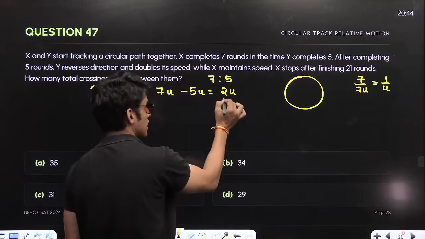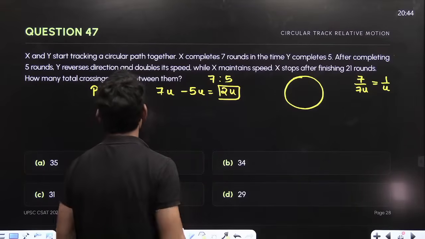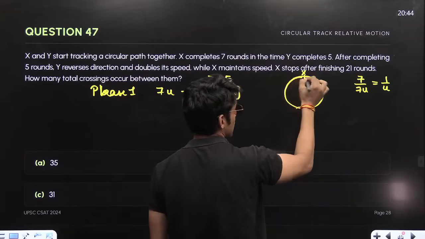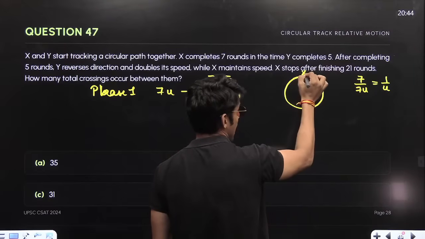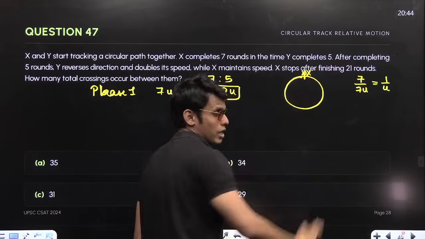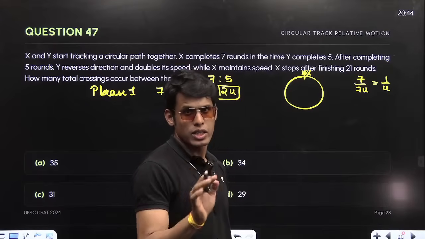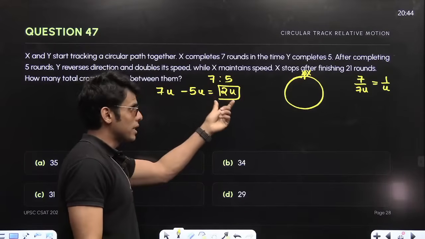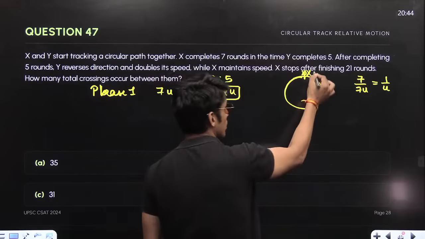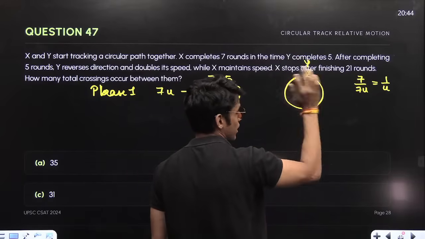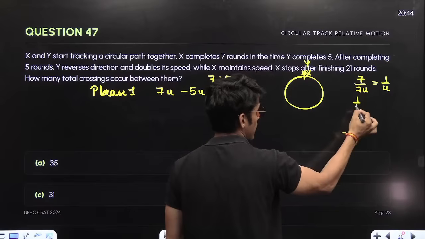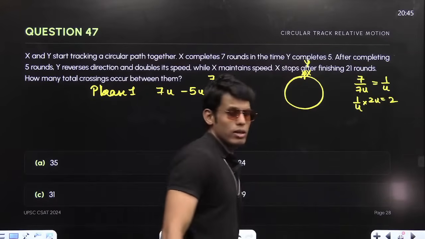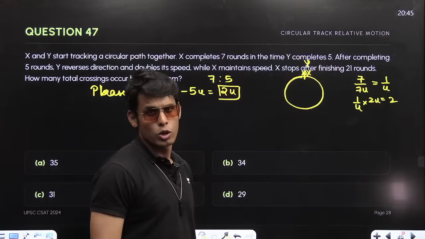Now just see. What I have done here is I have made Y stationary. When I have stopped Y, the relative speed gets to 2U. Y is sitting here. So in 1/U time, with the relative speed 2U, X will travel 2 rounds.